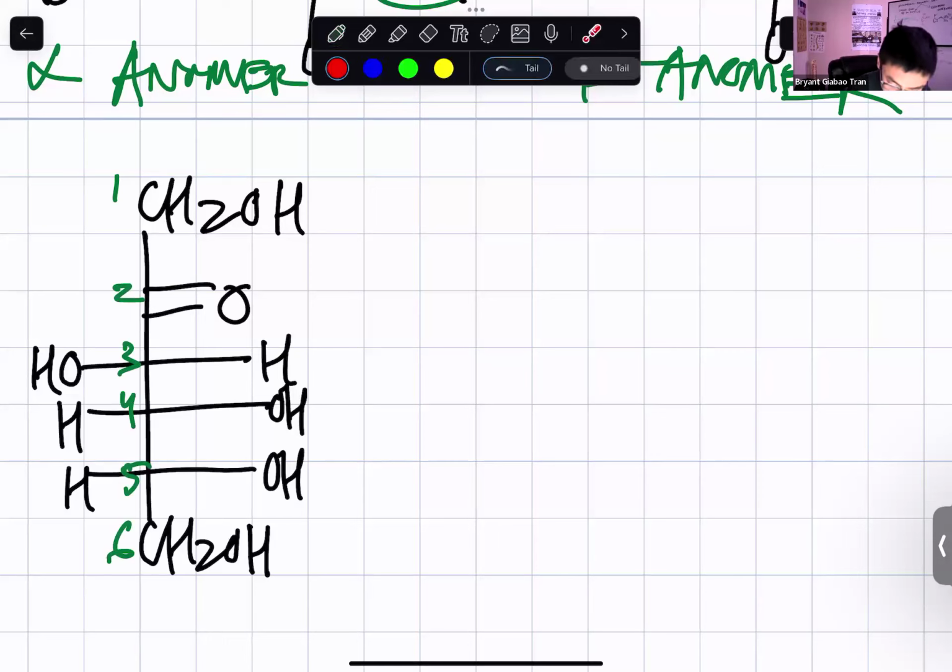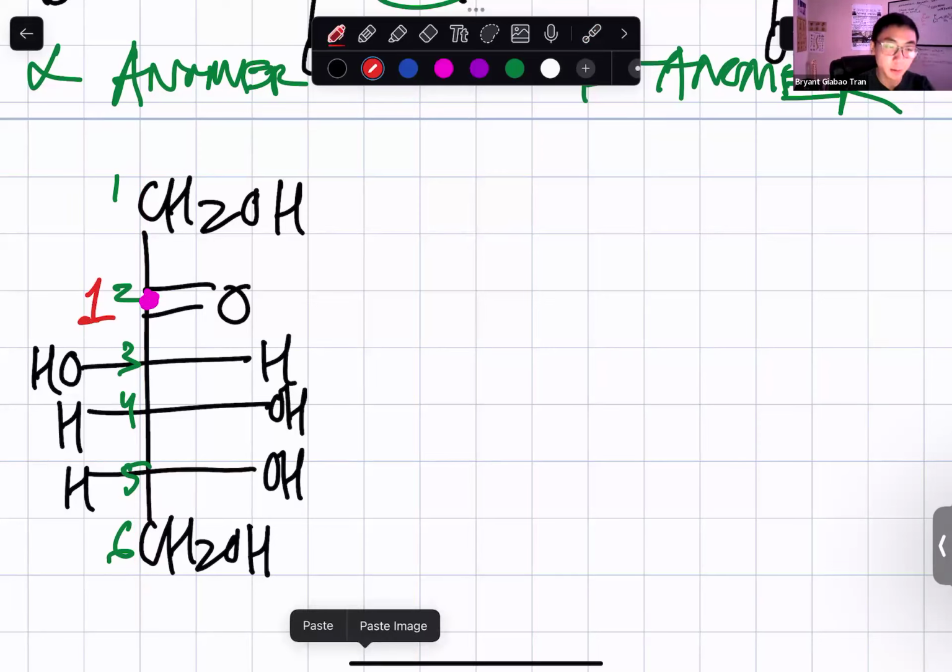It's a 6-carbon sugar, where the anomeric carbon is now at carbon 2 for ketoses. But when I close the ring, I'm going to start my number 1 atom at the anomeric carbon, just to show the ring closing and the groups attached to it.